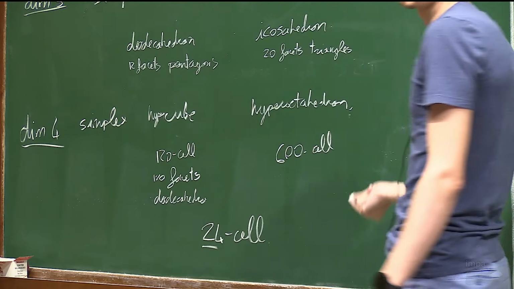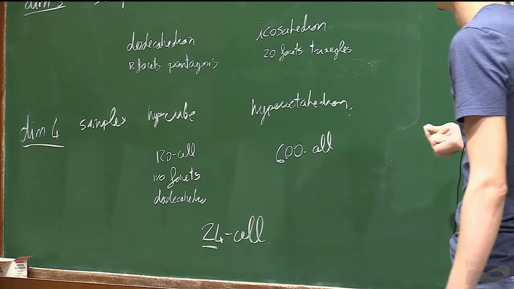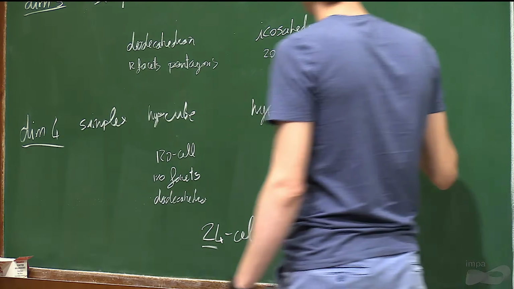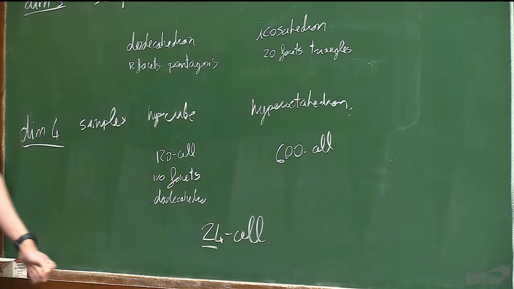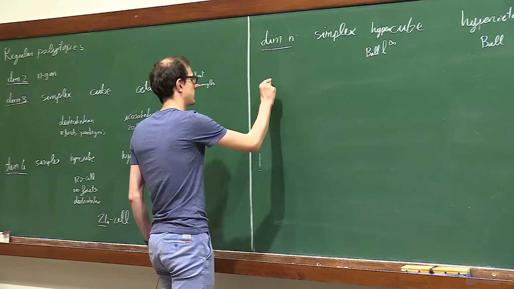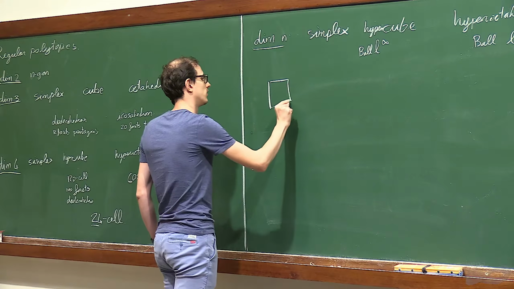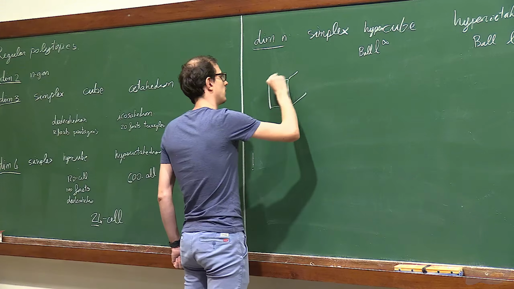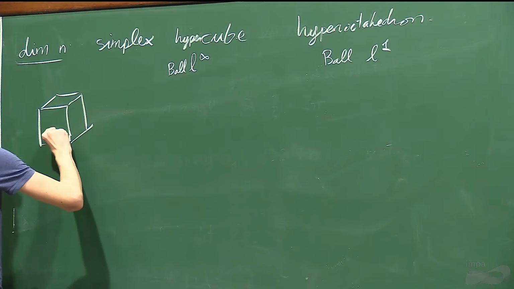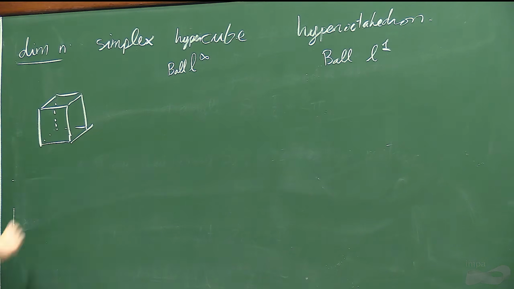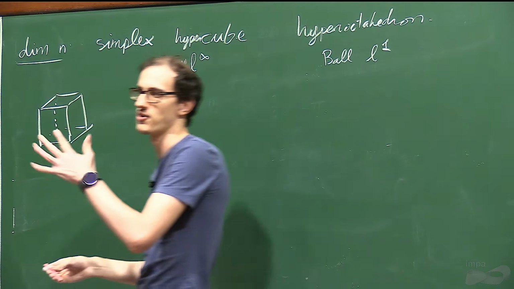One thing that maybe is useful to acknowledge is that polytopes can be dual to each other. For example, the cube and the octahedron are dual polytopes. So if I draw a cube, what does it mean to take the dual? It means that I just reverse dimension and codimension.